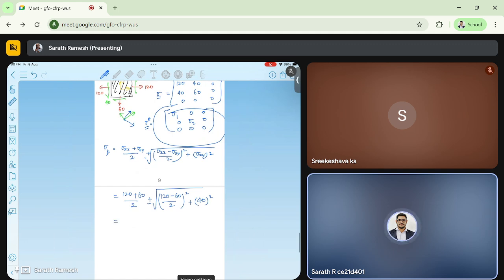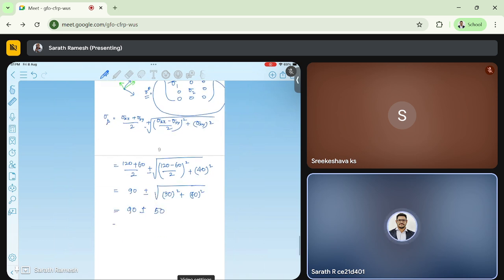This is equal to 120 plus 60 is 180, 180 by 2 is 90, plus or minus 120 minus 60 is 60, 60 by 2 is 30. 30 square plus 40 square is root of 50 square, so 50.